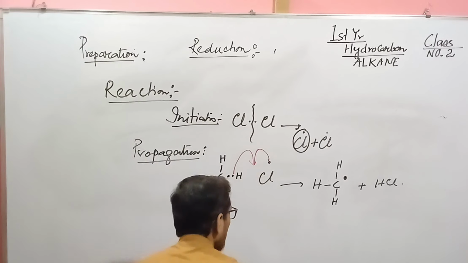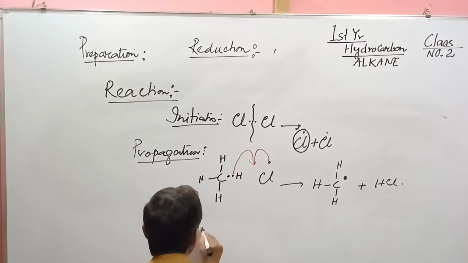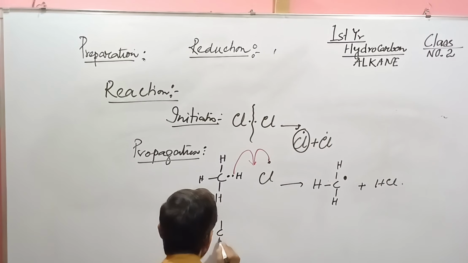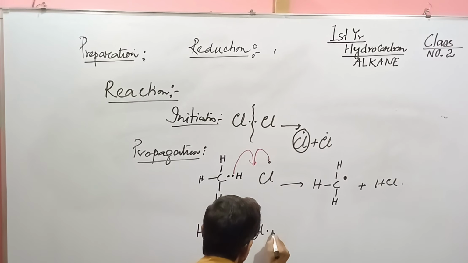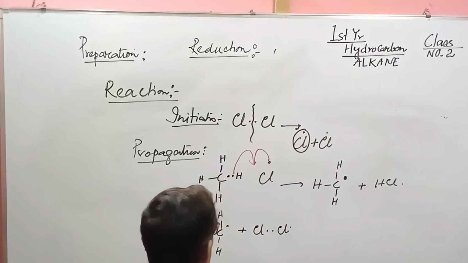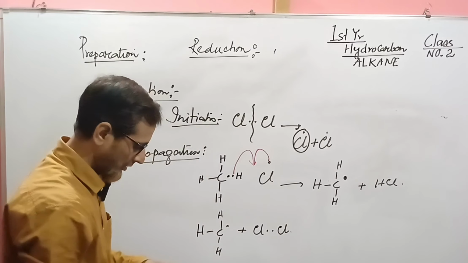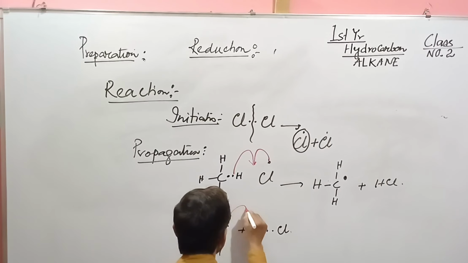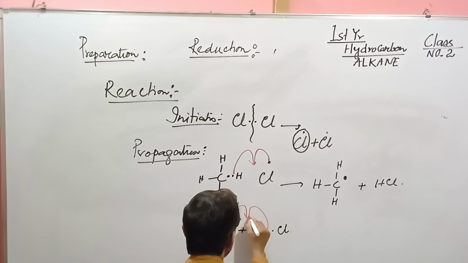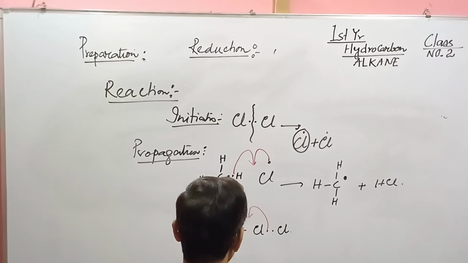So the next step is that this CH3 free radical reacts again with a chlorine molecule. Am I right? So what has happened here? That is a half arrow. That is a half arrow.